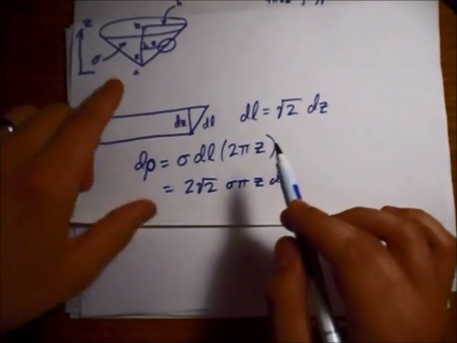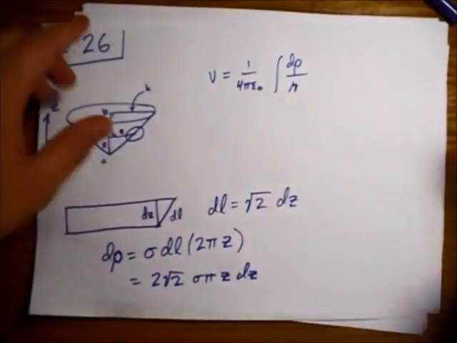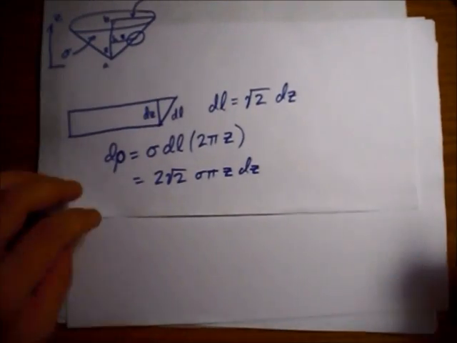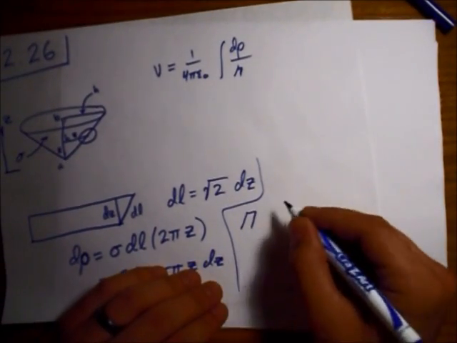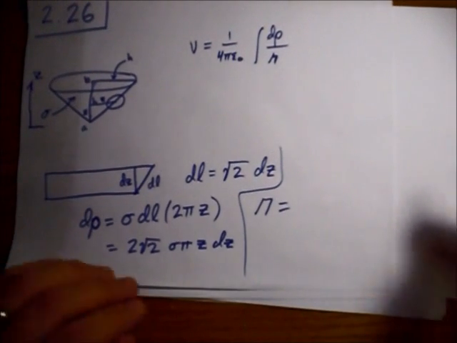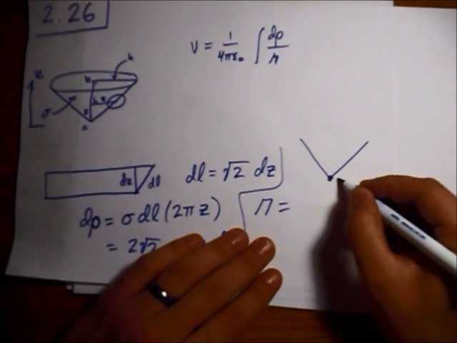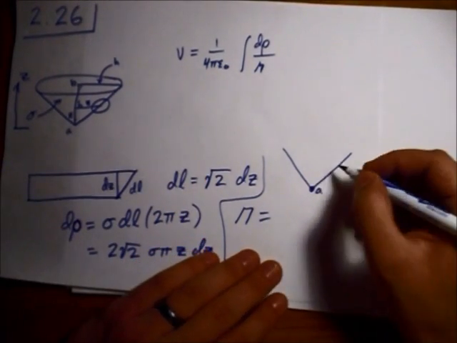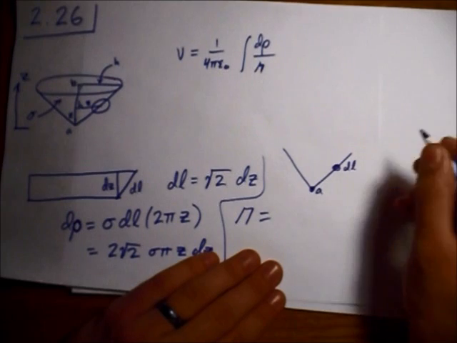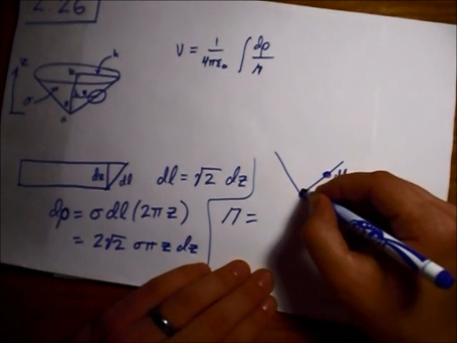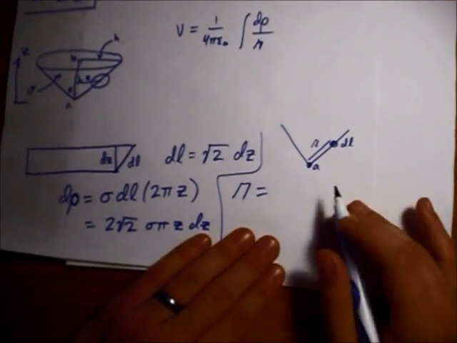So now what we want to know is this curly r, or the cursive r. Let's just do that over here. What is this cursive r? We're focusing at point A right now, at the vertex of this cone, and if my little dl is right here, then cursive r is just the distance between A and dl.